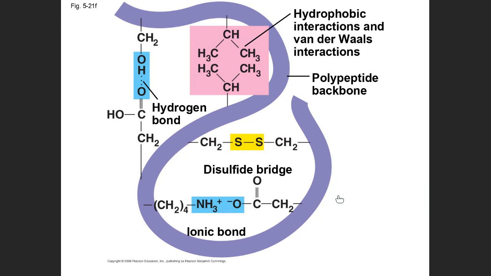Hydrogen bonds, covalent bonds, ionic bonds, van der Waals, right? So they all play an important role in structure and function. So remember, chemical bonding is what creates the structure, and that structure can perform a function because of chemical bonding.